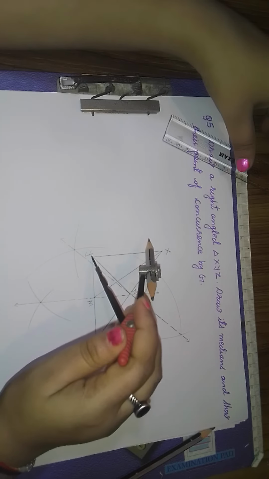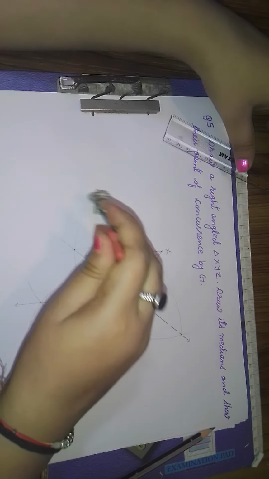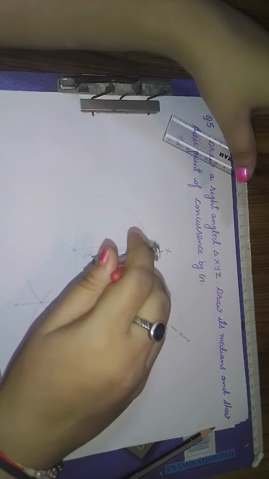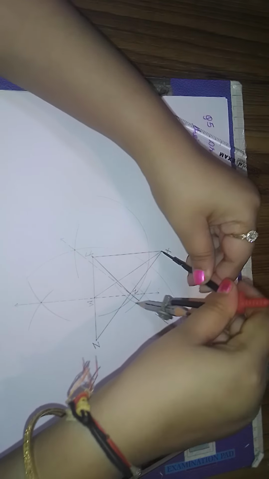Yes, now draw one arc over here, students. Yes, draw an arc over here. See here. Okay, put at your vertex X, draw an arc over here, students, like this. Yes, and draw an arc over here.